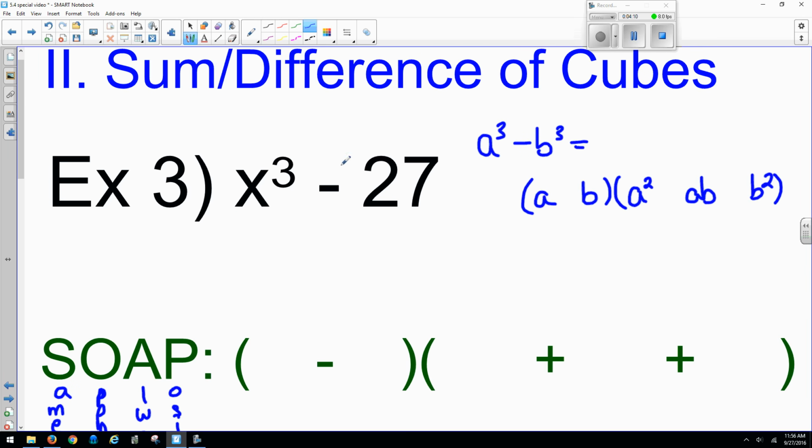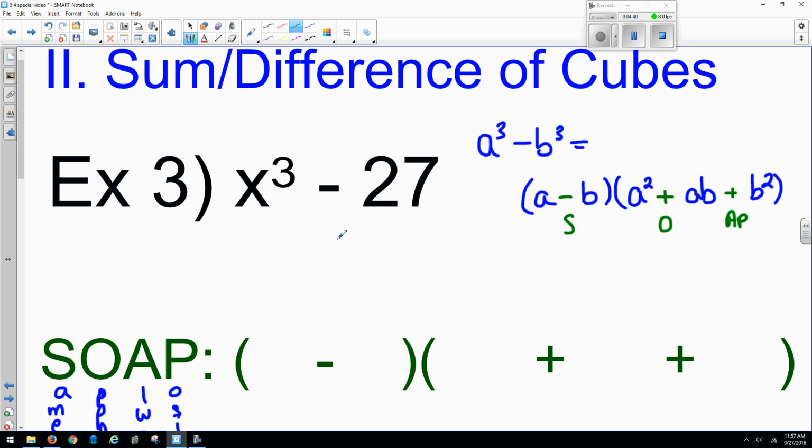So if we have a subtraction symbol, then we're going to follow SOAP. So let me just write the letters down here. This one's going to be S, this one's going to be O, and this is going to be AP. So when we go to fill in the signs, this is going to be the same as the sign we started with, which is negative. This one's going to be opposite the sign we started with, and this one's going to be always positive.